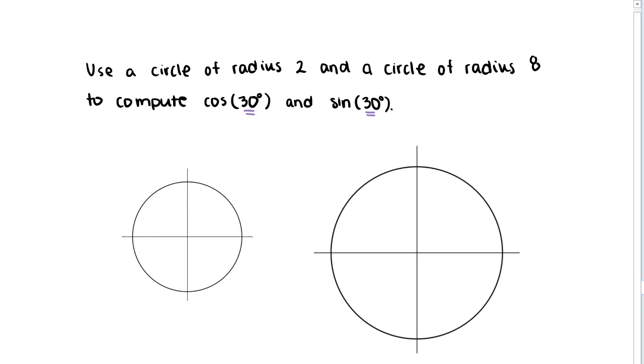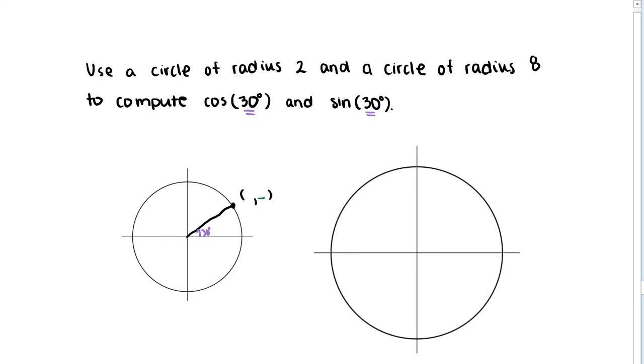So here, if I've got a 30-degree angle, maybe let me just roughly sketch it. I think that might be an okay place for 30 degrees. So that's 30 degrees. There's a point on this circle at the end of that 30 degrees. It's got an x-coordinate and a y-coordinate. But because this is 30 degrees, we can picture that there's a triangle floating around in this picture.